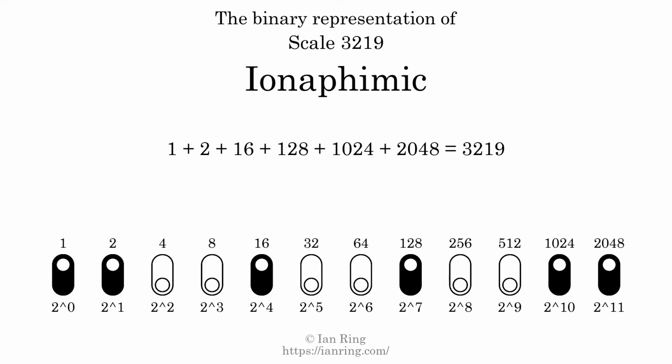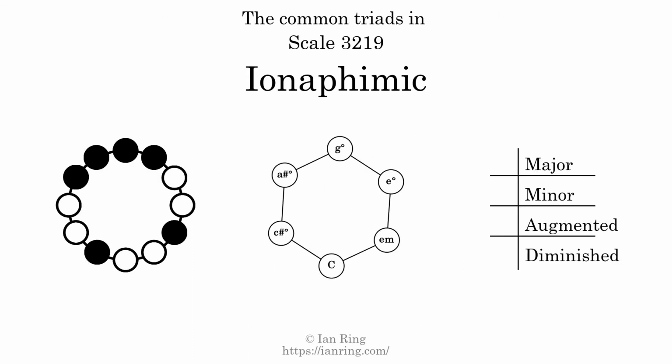That is why the scale number, in decimal, is 3219. The scale number not only enumerates the scale with a unique index, but it also literally describes the tonal content of the scale. Represented as a binary number in base 2, the scale number is 110010010011.